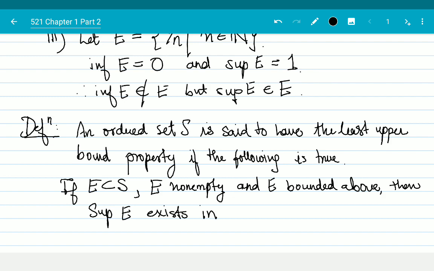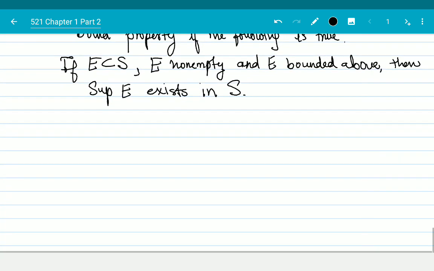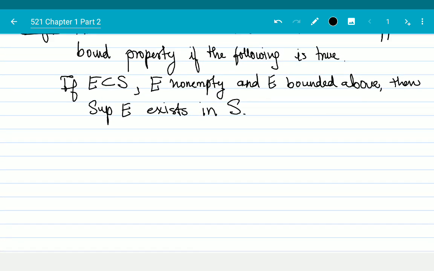Well, we can't say it should exist in E, but it should exist at least in S. Okay, this is the property we would like to have, and this is what is called the least upper bound property. We have shown before that Q does not have this.